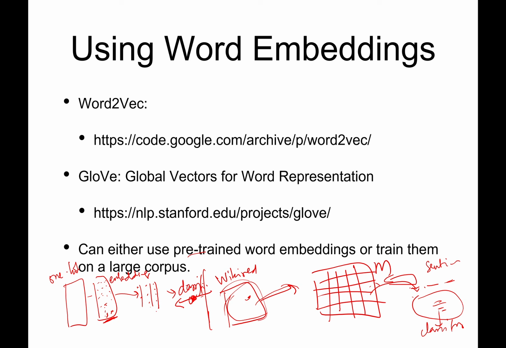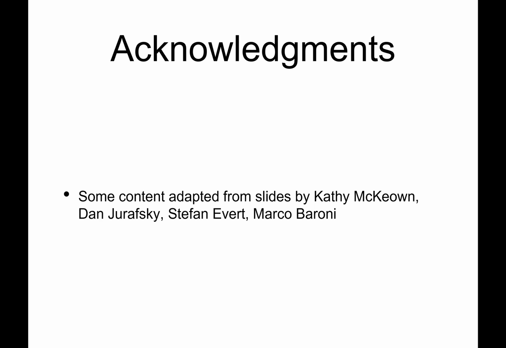If you read NLP papers, this is called static embeddings, and this is dynamic. Usually when you are doing experimentation, you want to show how good your approach is using dynamic and static embeddings. So this is it for this part, and for the next lecture, we're going to talk about word sense disambiguation.